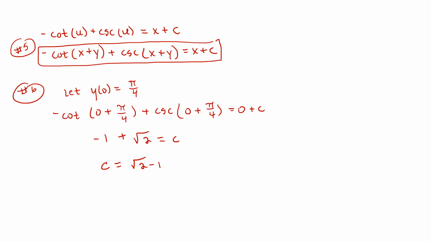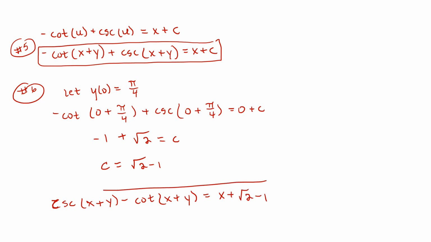Our particular solution then, rearranged so that I have a positive first, is cosecant of x plus y minus cotangent of x plus y equals x plus the square root of 2 minus 1. And that is our particular solution for this problem.